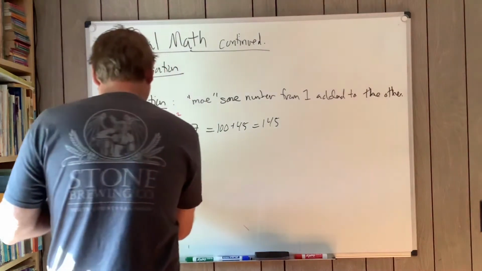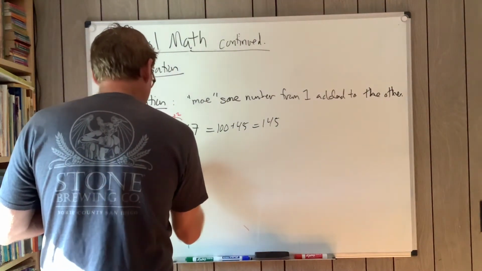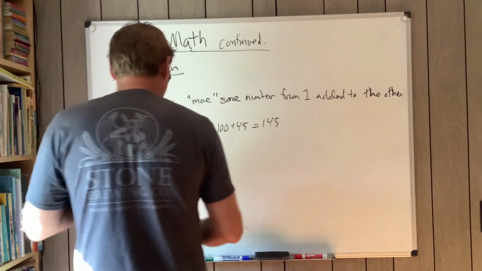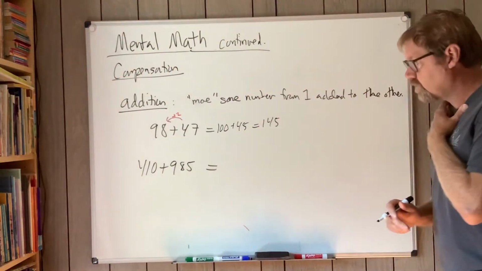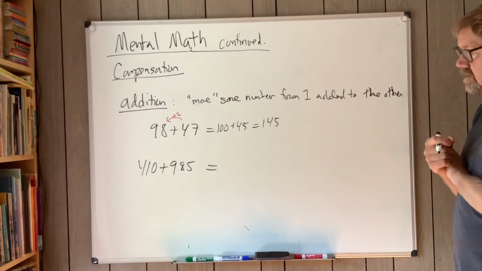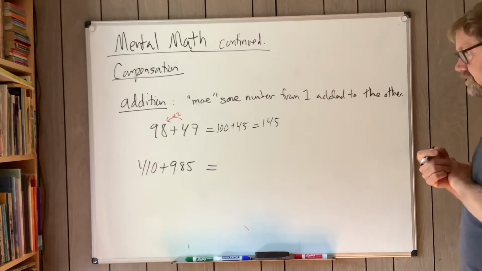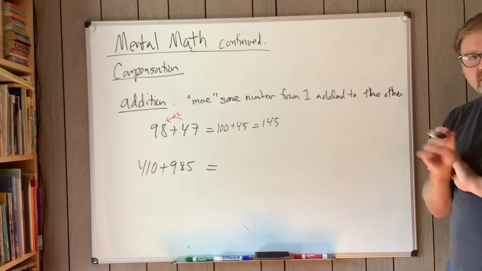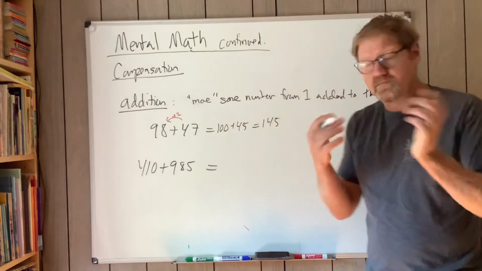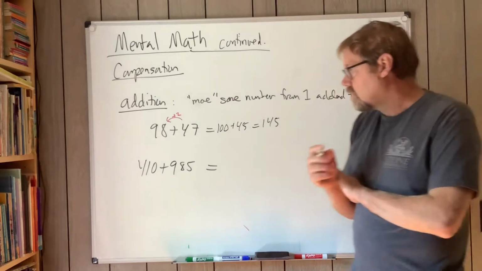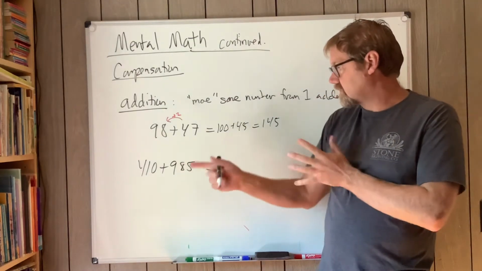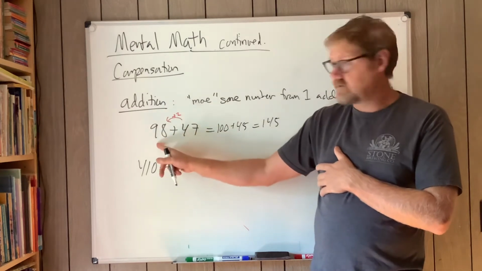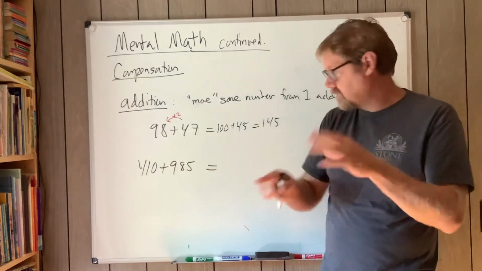Let's do a little bit more difficult one. $410 plus 985. There's a couple of ways you can do this. I'm going to walk through both of them and see which one is easier. Just like up here, we were close to 100, so we want to try to make that 100.